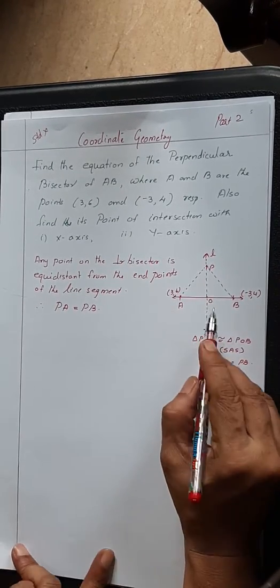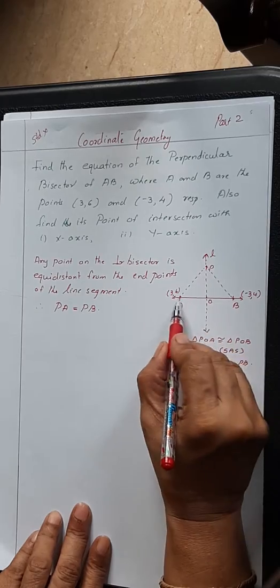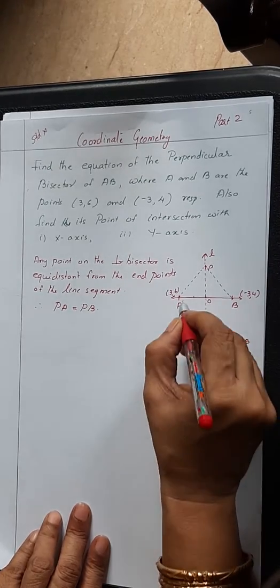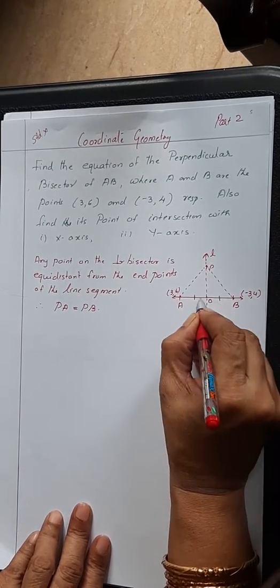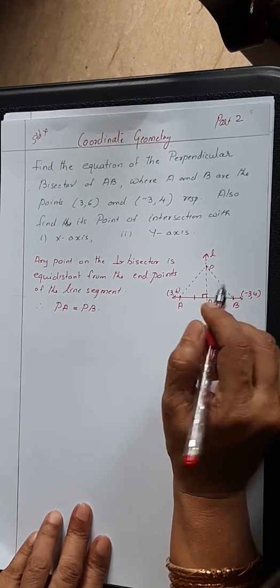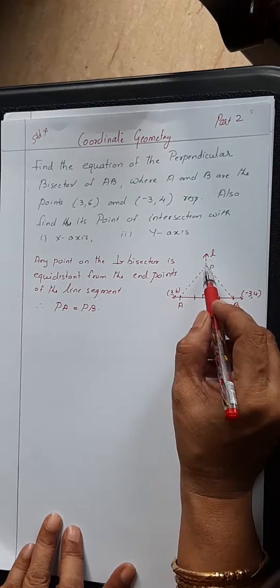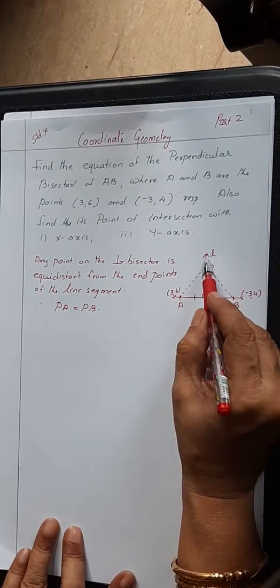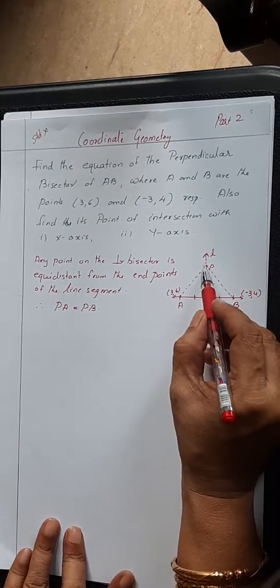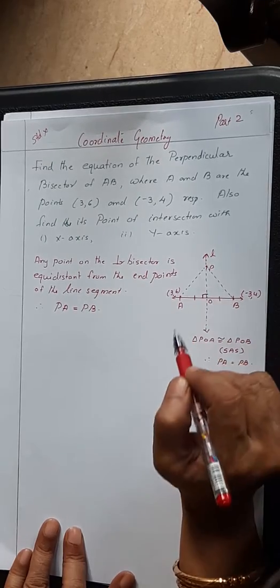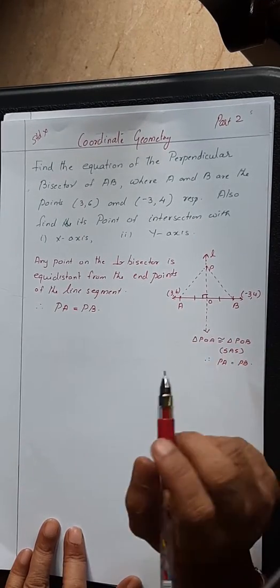The perpendicular bisector means this line divides the line into two equal parts, and also this will be 90 degrees. That is called a perpendicular bisector. So we have to find the equation of this line. If we find the equation of this line, any point on this line will satisfy the equation.